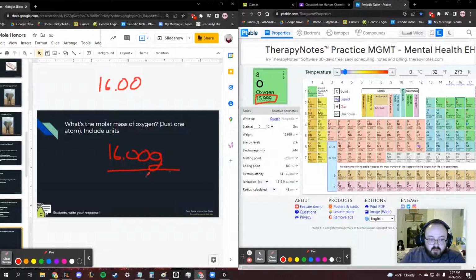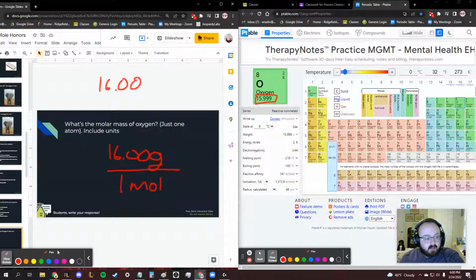And I'm going to introduce it to look like this, just for reasons we'll see later. 16.00 grams per 1 mole. By adding in that division sign, you're saying it's over, it's per. So if I have 1 mole, I have 16 grams. And this is a ratio. Very important. Molar masses are ratios, which means that the inverse is also true. If I have 16 grams, I have 1 mole.